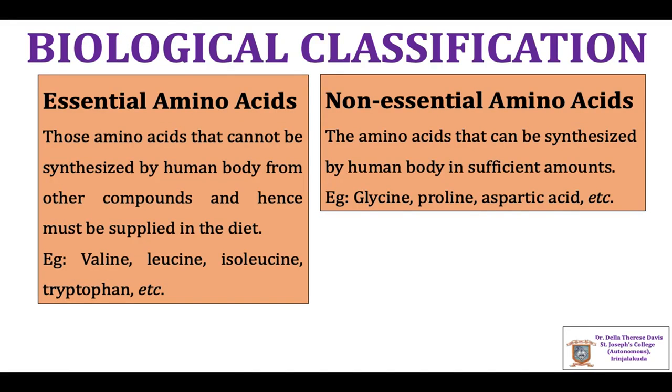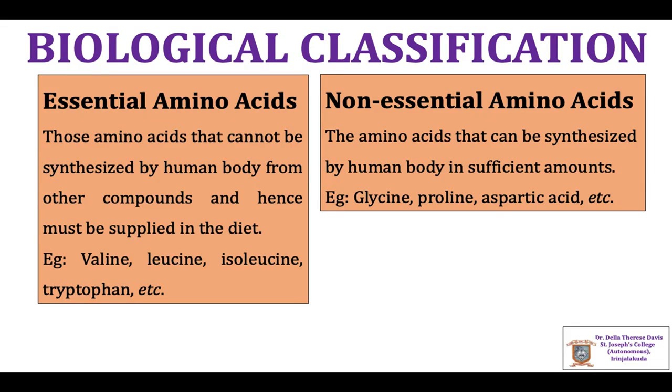In biological classification, amino acids are classified into essential and non-essential amino acids. Essential amino acids are those which cannot be synthesized by human body from other compounds, and hence these amino acids must be supplied in the diet.